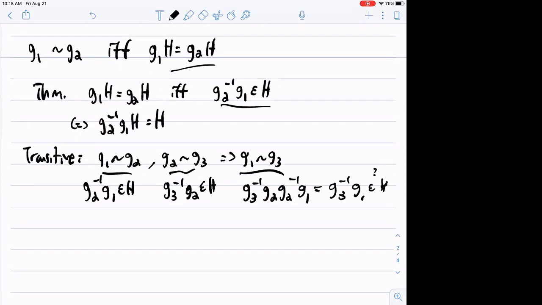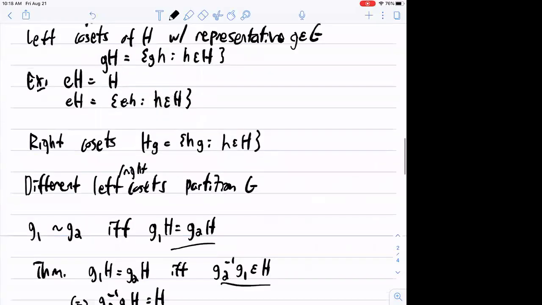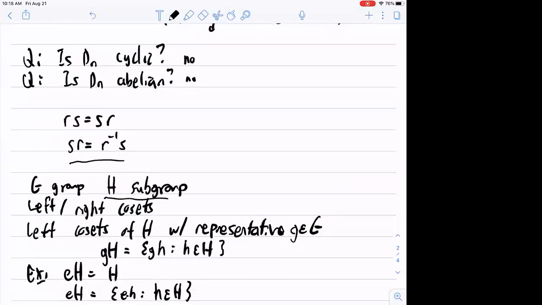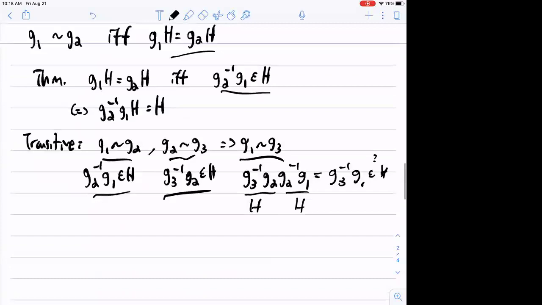Well, yes, it is, right? Because this element is in H by this assumption. This element is in H by this assumption. And H is a subgroup, so H is closed under your operation.